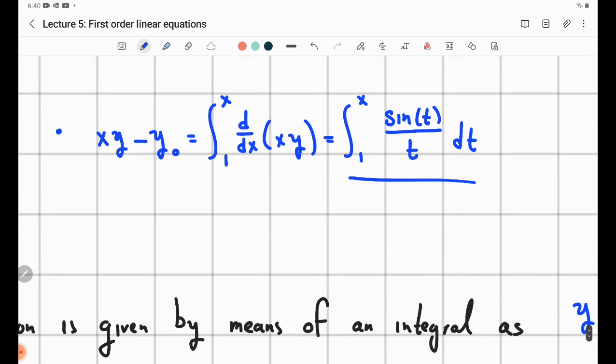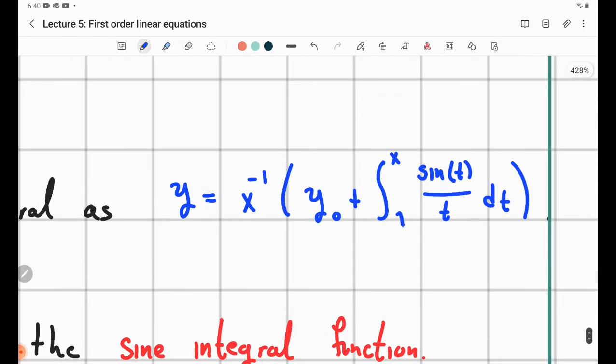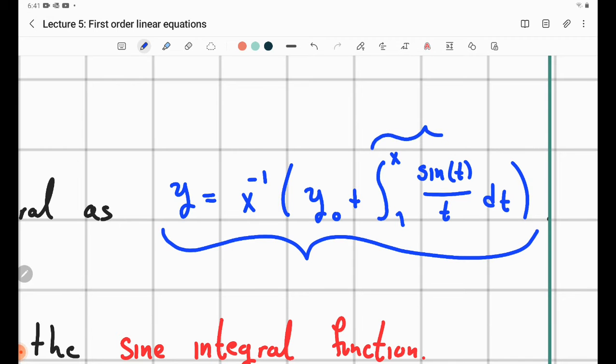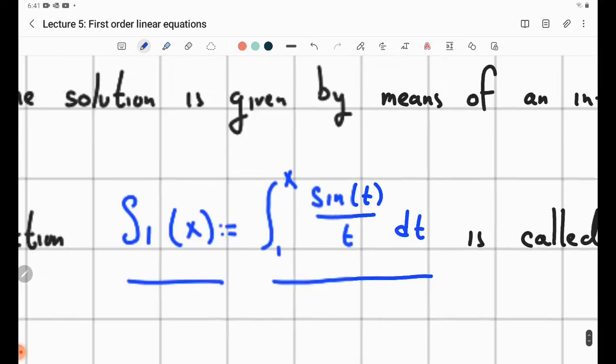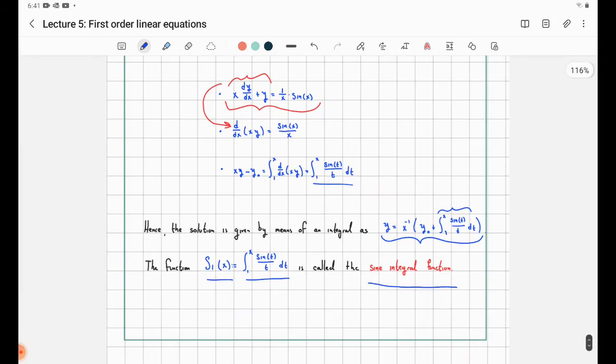So you can write down the explicit solution of our initial value problem like this. This is a solution of the initial value problem, and it is given in terms of this integral expression. So this is one possibility, or we can just take by definition this integral as the sine integral function.